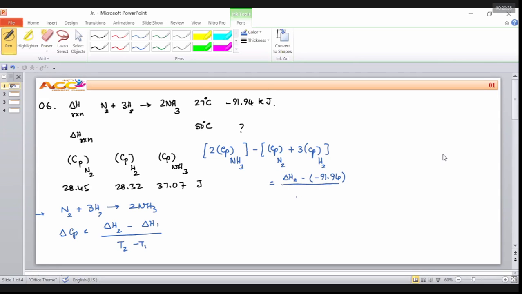By T2 minus T1, 23. Okay. Now, when you are substituting the values, this is in kilojoules. Therefore, after doing all these calculations, suppose I got alpha, so alpha is in joules. Therefore, done. Go ahead.